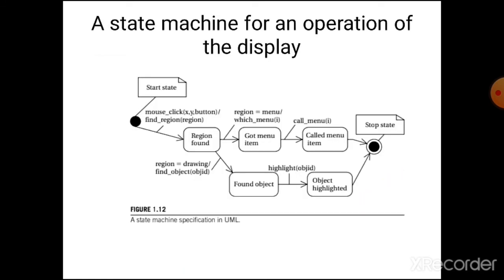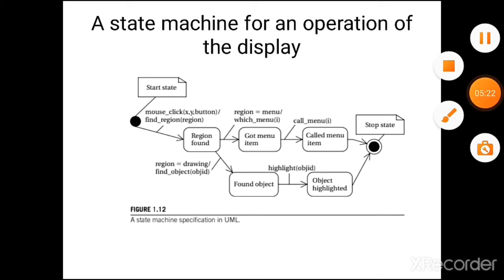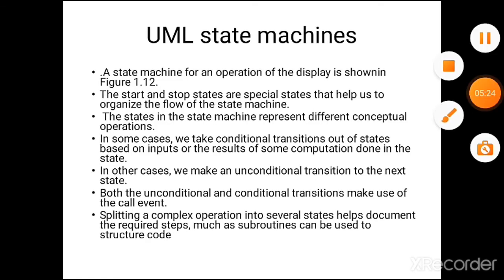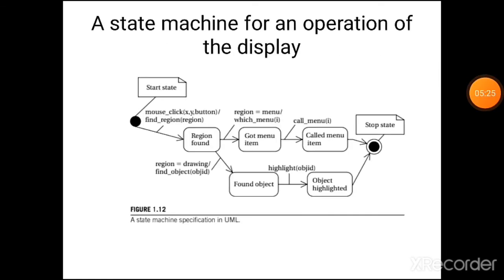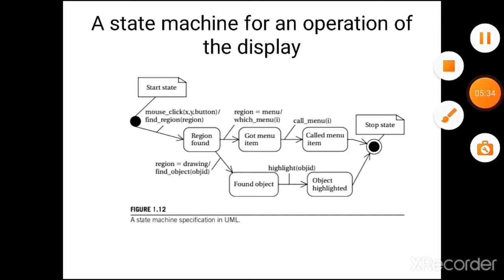Then this is a state machine for an operation of the display. We know that a state machine represents the states and the transitions. There are two states: one is the start state and the other is the stop state.